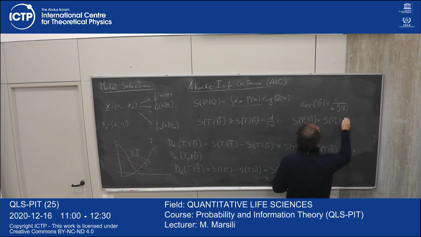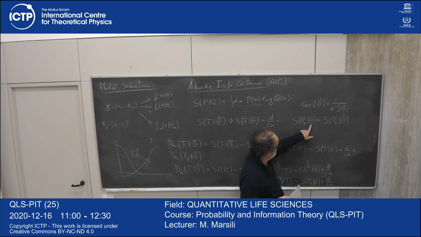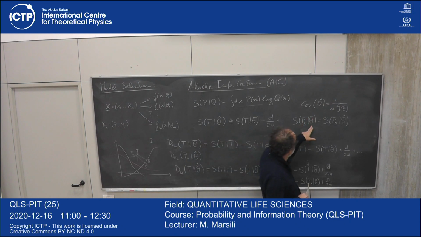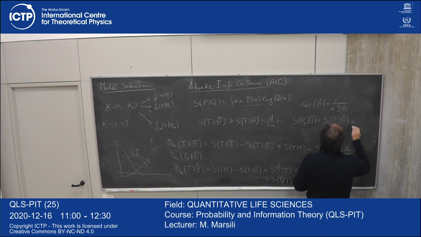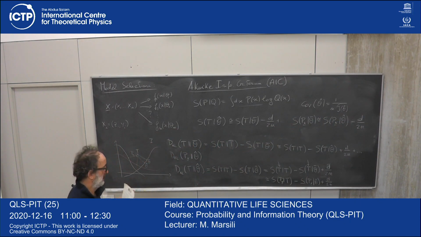Because theta hat is what maximizes this function as a function of theta. And you can do the same argument as here and figure out that this should be smaller than this. And the difference is again minus d over 2n.